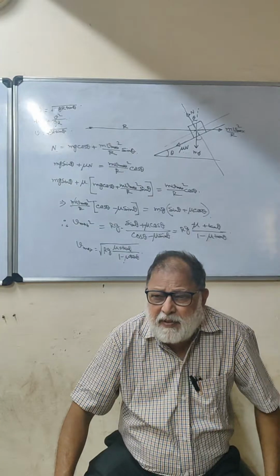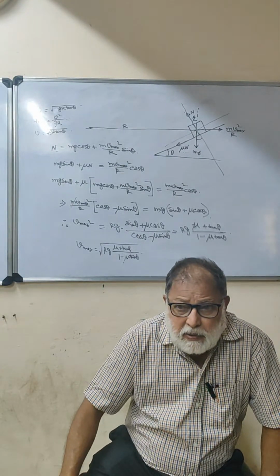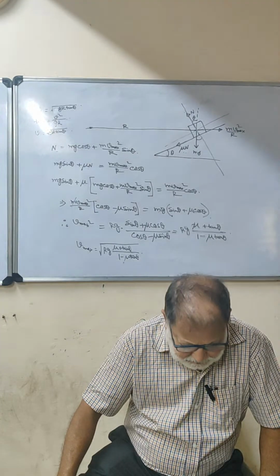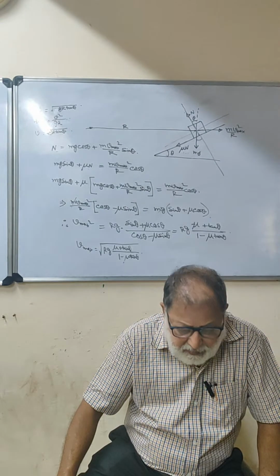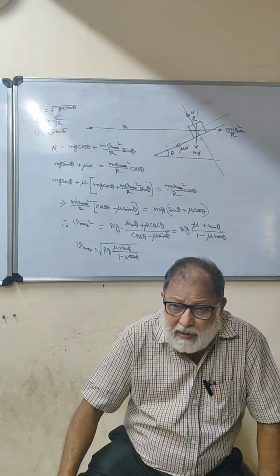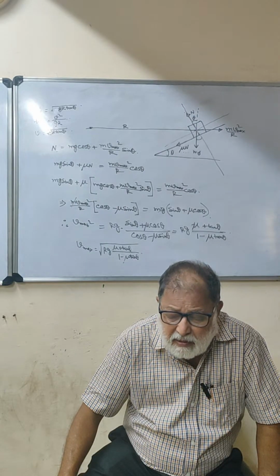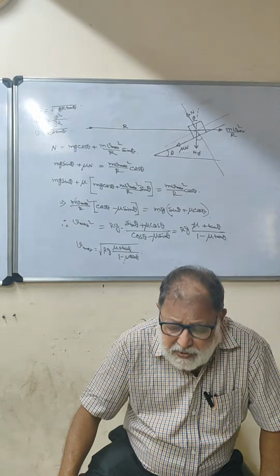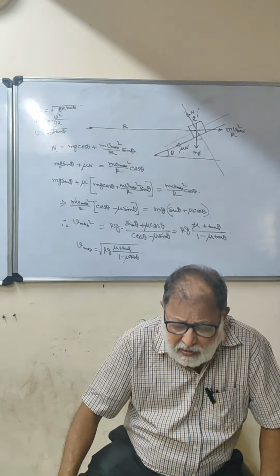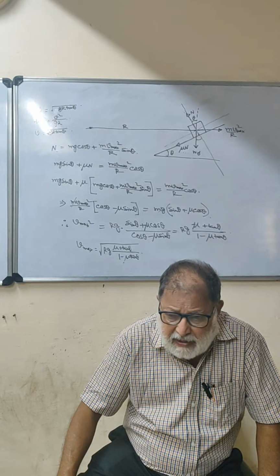What is the direction of centrifugal force m omega square r? Vertically upward. And the other force keeping him in equilibrium is N, the normal reaction. What is the direction of N? So, you please draw the equilibrium equation of these three forces and tell me what is N.